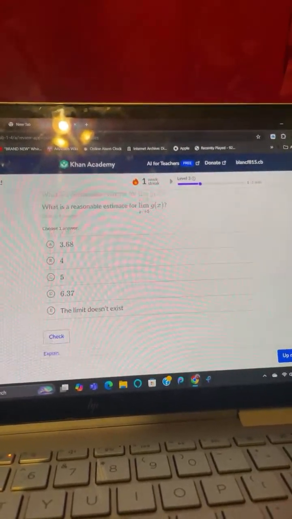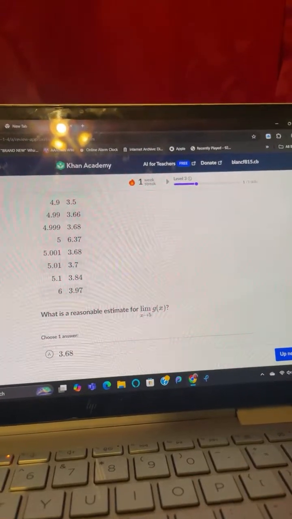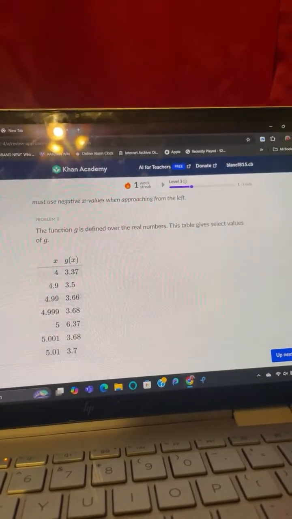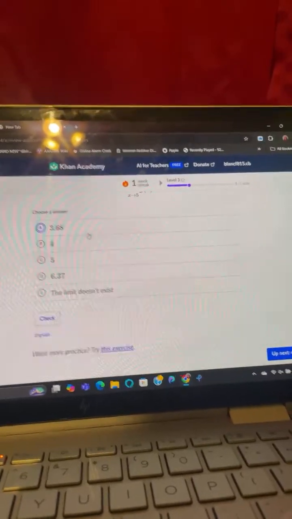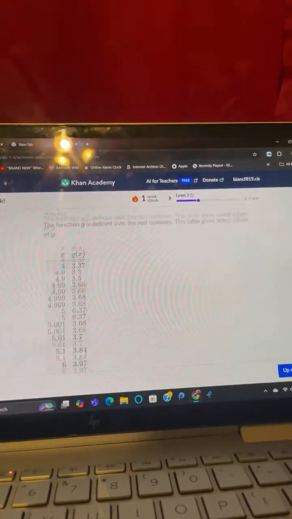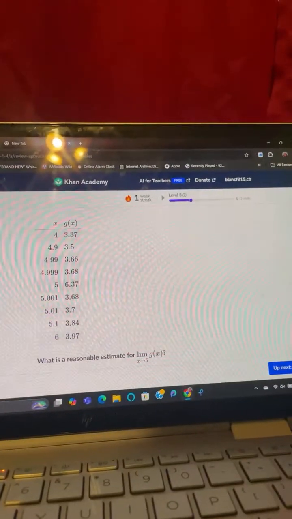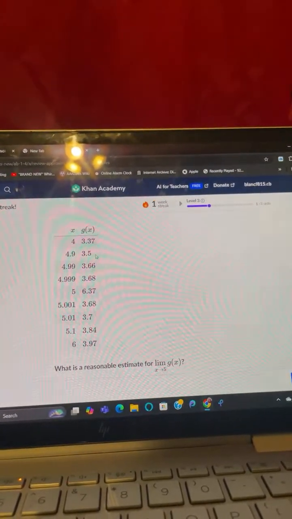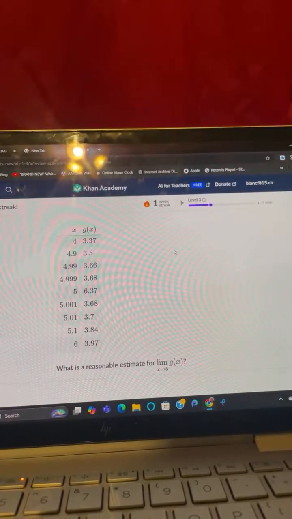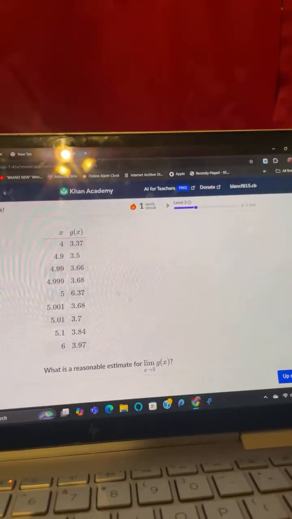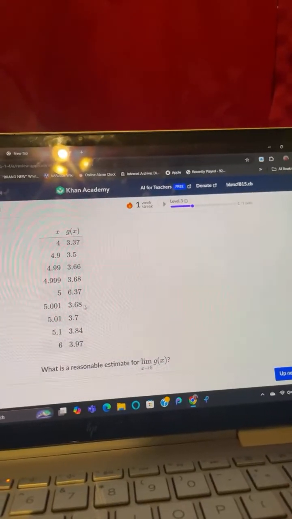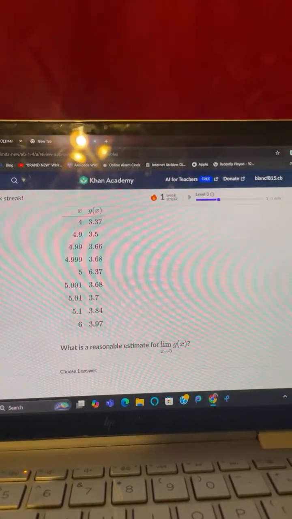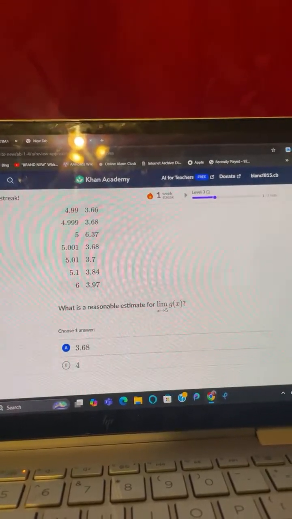All right. What's the reasonable limit for 3.68? That's the one we just looked at before. I'm going to say 3.68. Reason being, when we look at this, 3.37, it looks like a relatively linear increase for both sides. 3.5, okay. 3.68 both sides. It doesn't have to be perfect, but that's what it is.